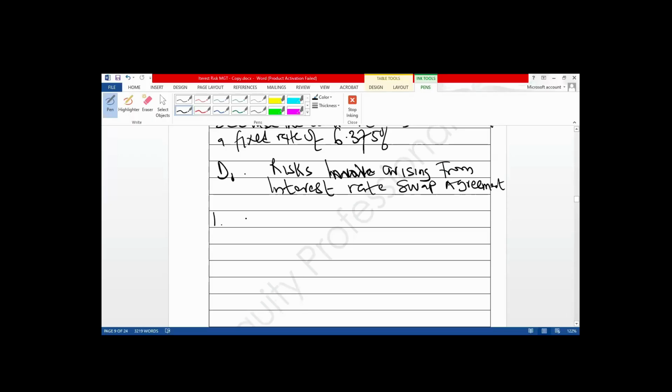One, default risk. If one of the parties should default, for example, if MP fail to pay fixed rates to TK, TK will suffer some loss.